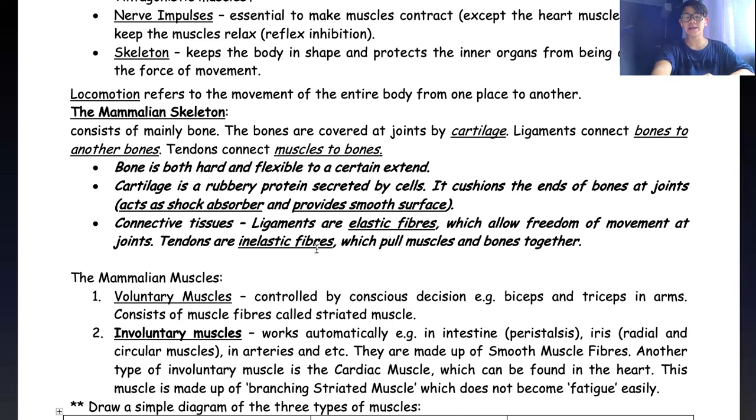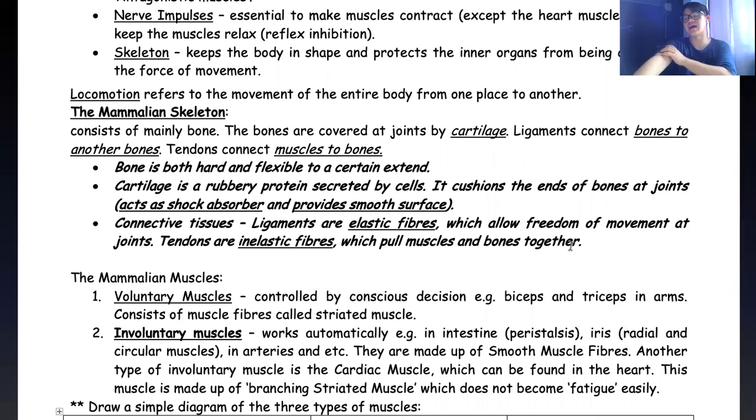And tendons are inelastic fibers which pull muscles and bones together. So, different from ligaments, we have tendons, from muscle to our bones, and this one is inelastic. It means that we cannot pull our muscles away from our bones, because the connection between our muscle and our bone is inelastic.